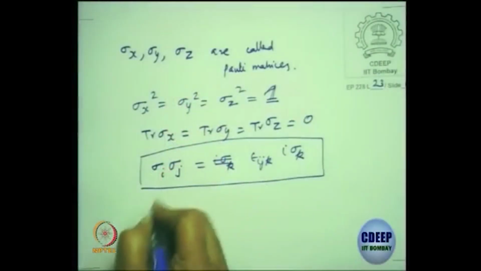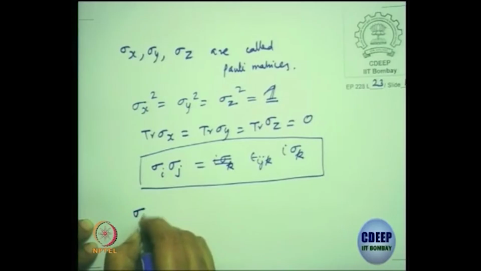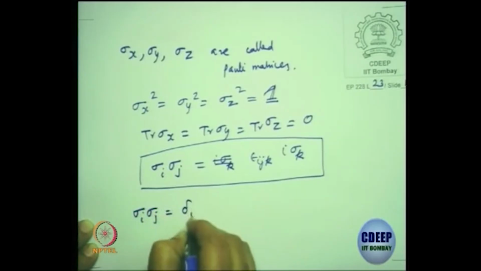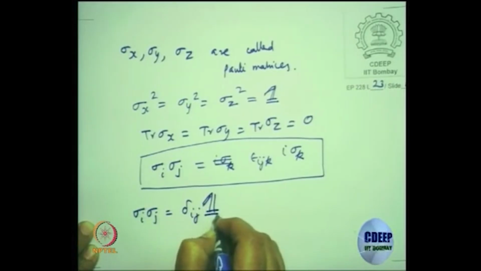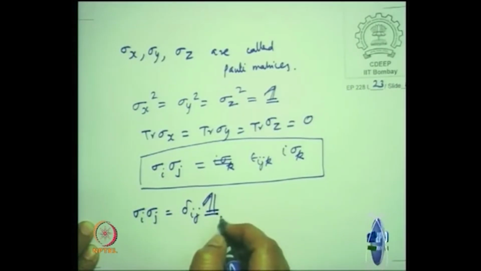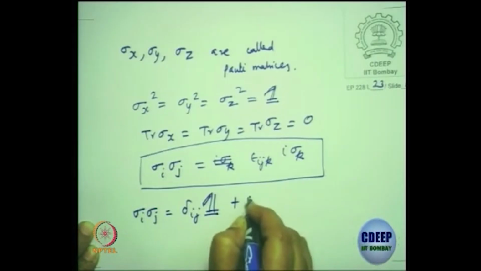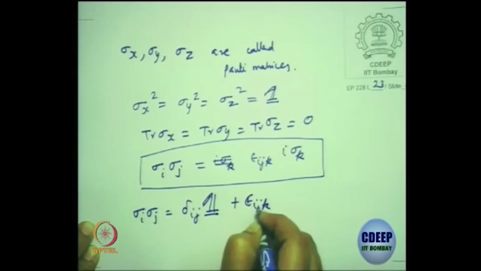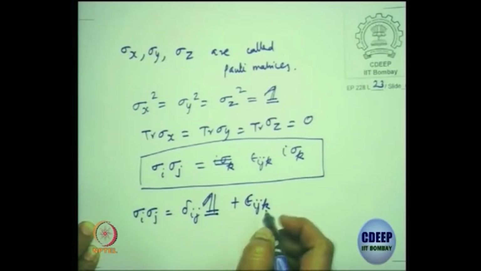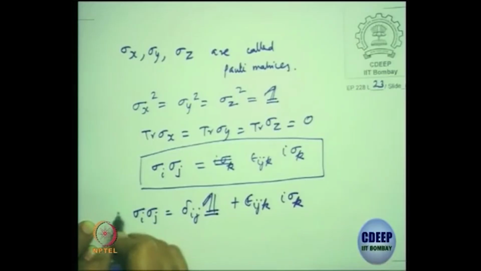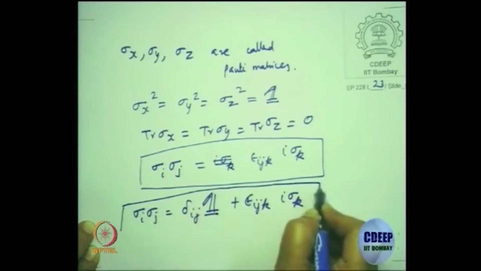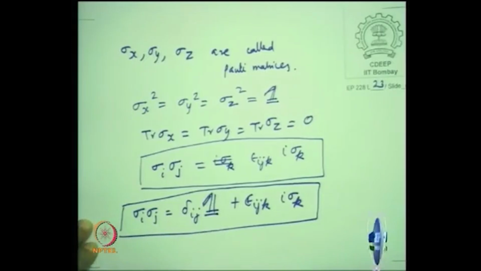The product sigma i, sigma j: if I and j are equal, it is delta ij times identity, and if I and j are not equal, it is epsilon ijk I times sigma k. Okay. So you can do various other things with these Pauli matrices.